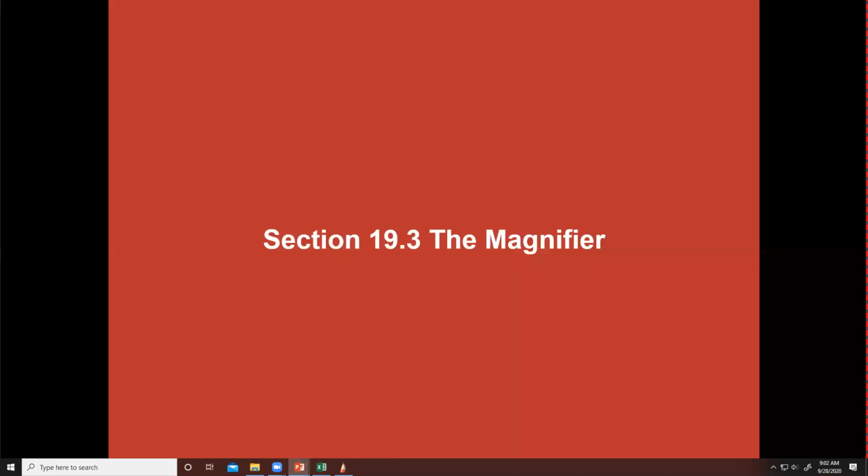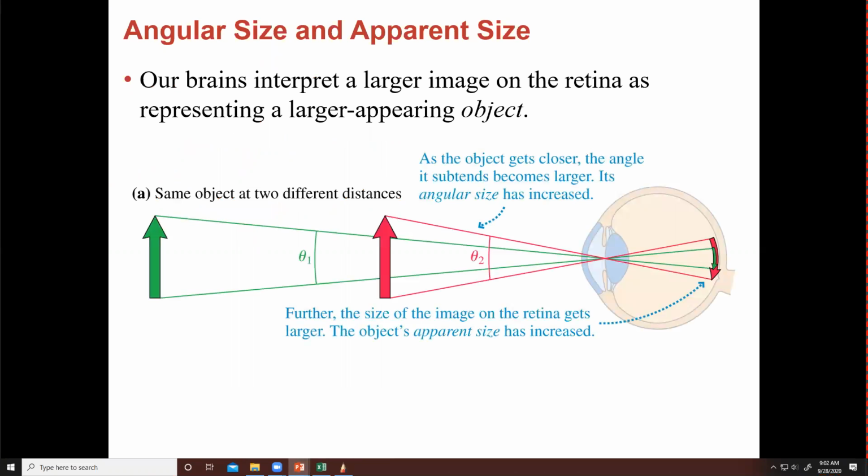When we look at an object, the size that we perceive with our eyes depends on the image that is formed on our retina. Although these objects are of the same size, the images they form on the retina have different sizes.